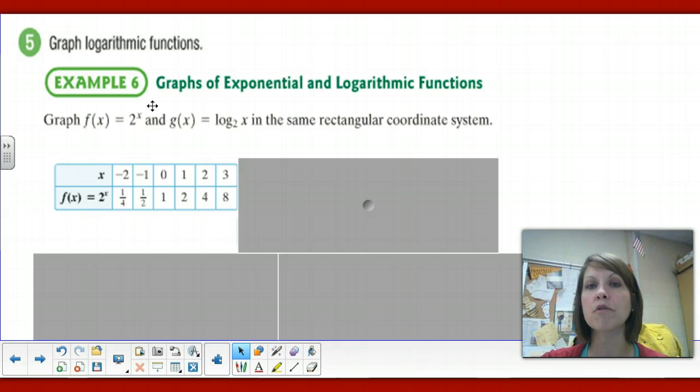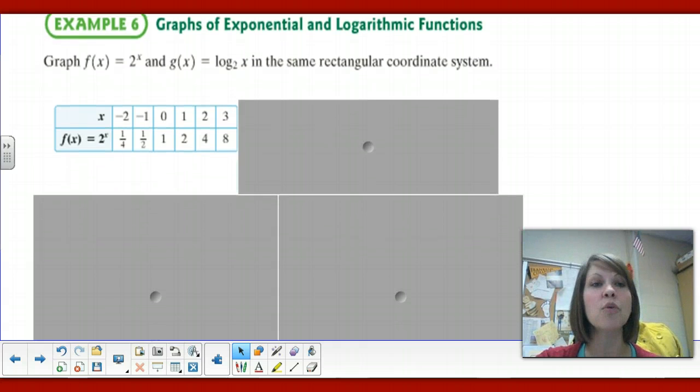You saw this in 3.1 when you had to graph a parent function using a table and then use what you know about transformations to get the new graph without going through the process of making a table on your own. This is the same basic kind of thing. We have a transformation-ish going on here.